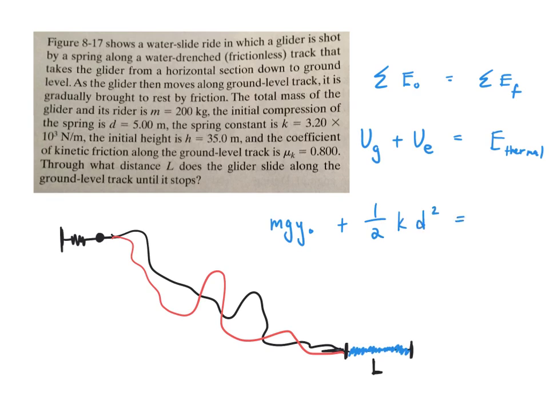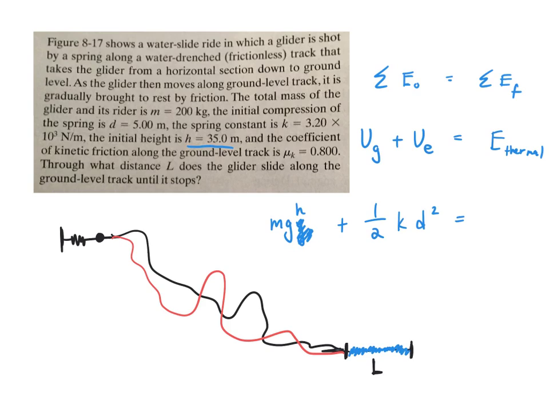Instead of 1/2 kx squared, they give us the compression distance D. And actually, they give us H also. So instead of using Y0, I'm going to call that H, simply because they tell us the initial height, H. So I'll call it mgh.